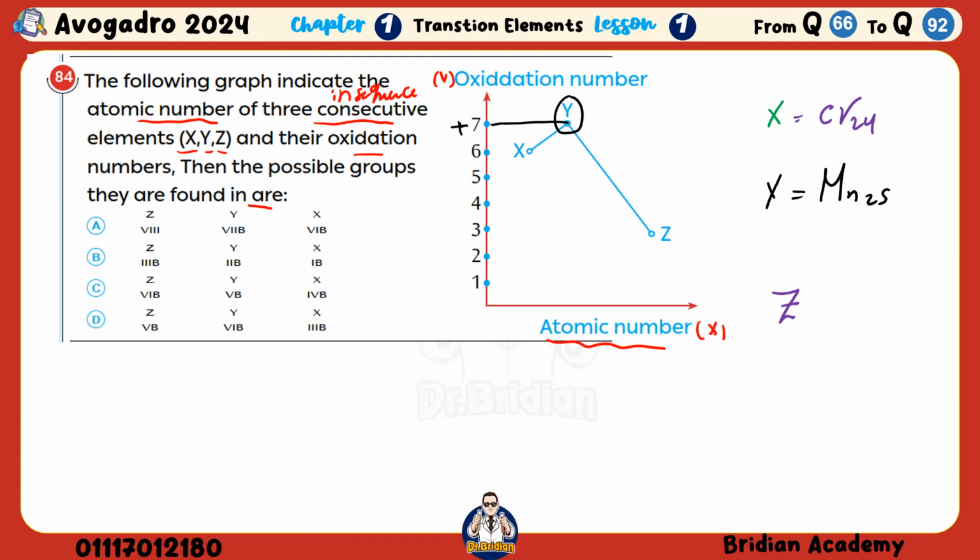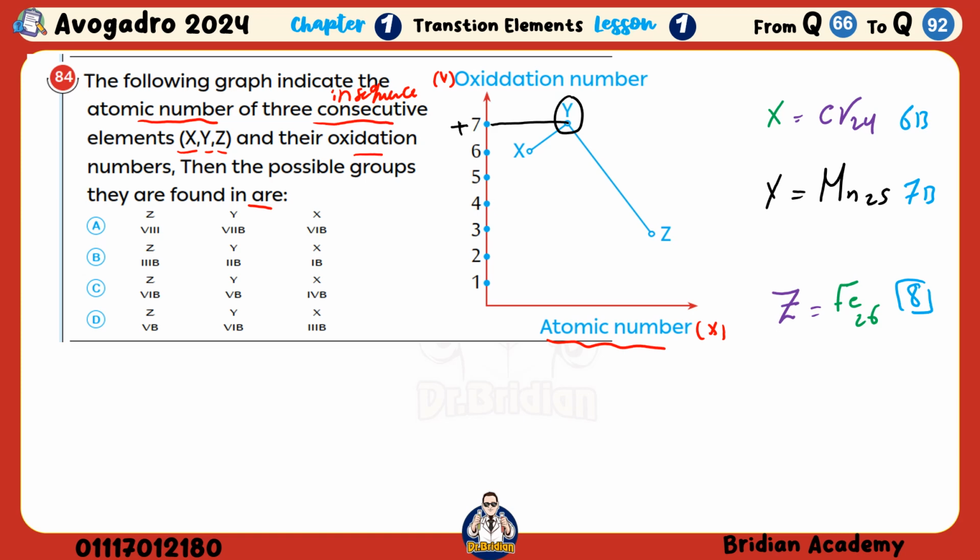And Z will be iron 26. So chromium is located in group 6B, then manganese in group 7B, then iron in group number 8.